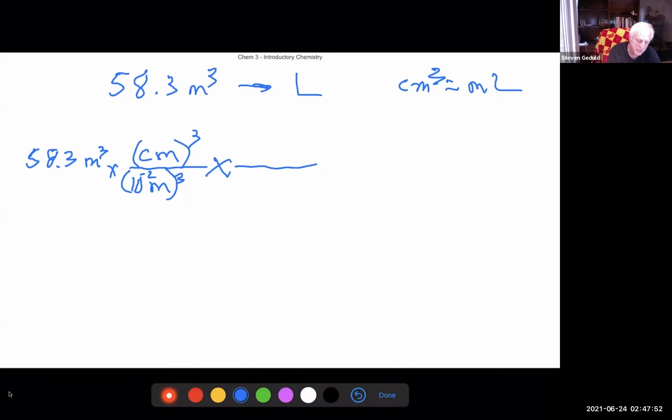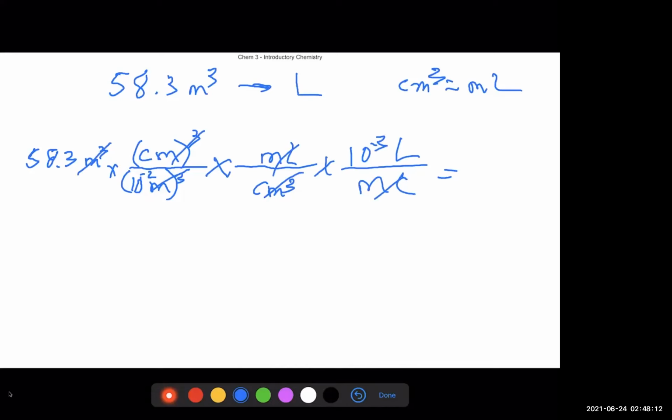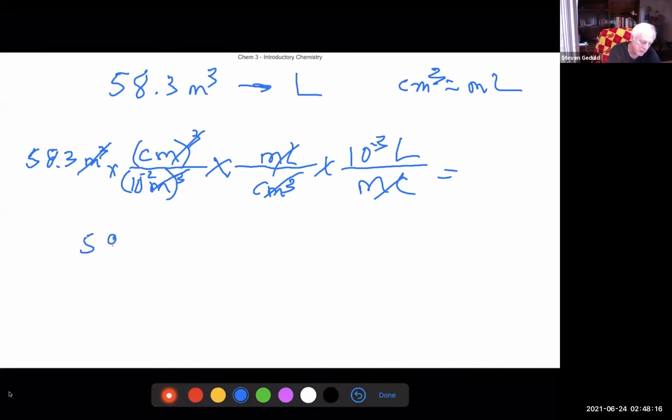So now you have a cubic centimeter, and that equals a milliliter. And milli means 10 to the minus 3 liters. So you go meters cubed, centimeters cubed, milliliters, and you're left with liters. So it would be 58.3, and on the bottom you have 10 to the minus 6.